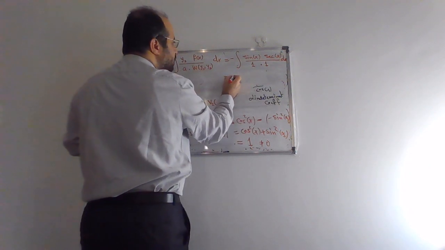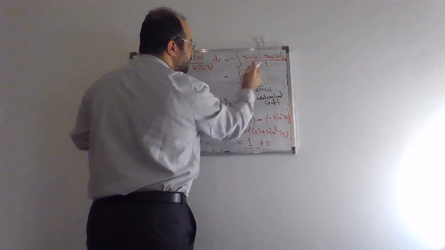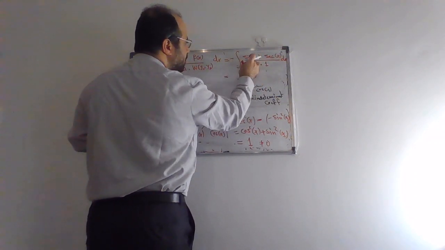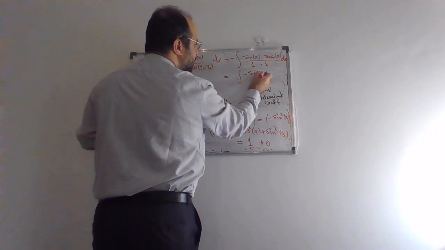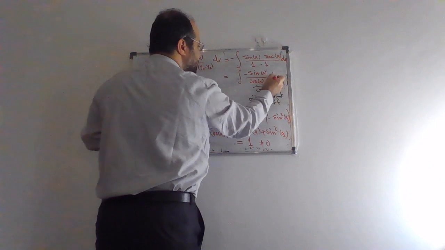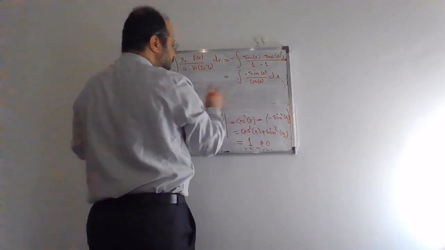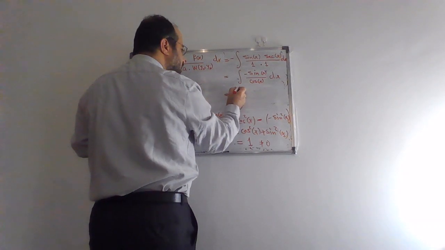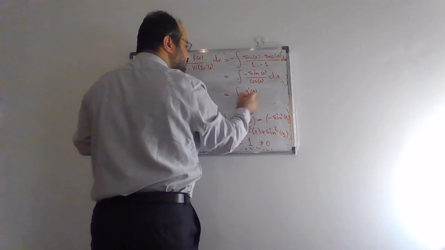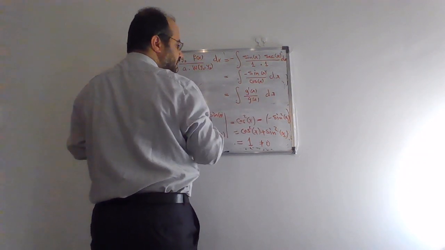Now when you integrate this, secant is 1 over cosine. I'm just taking the minus inside: minus sine x over cosine x dx. You can look at this as g prime over g dx.